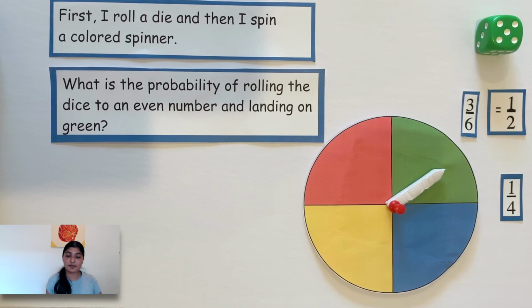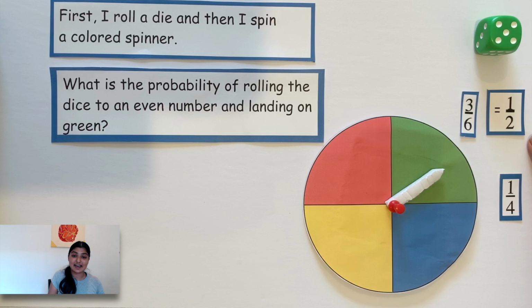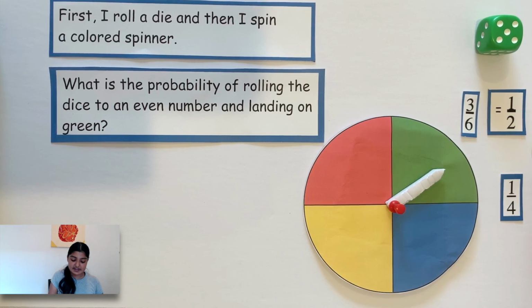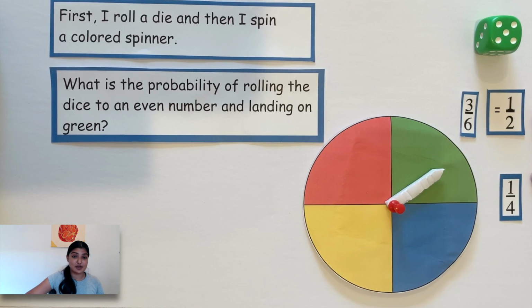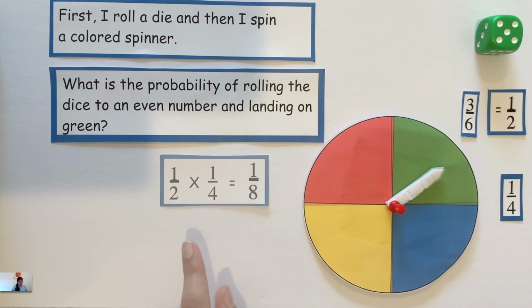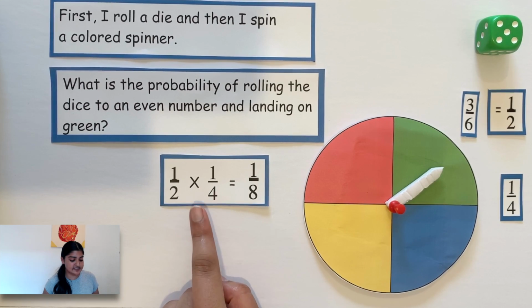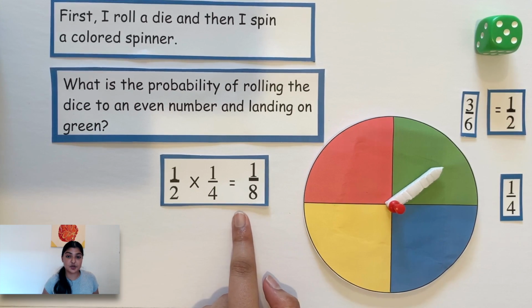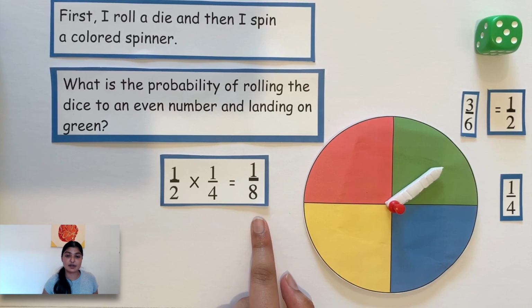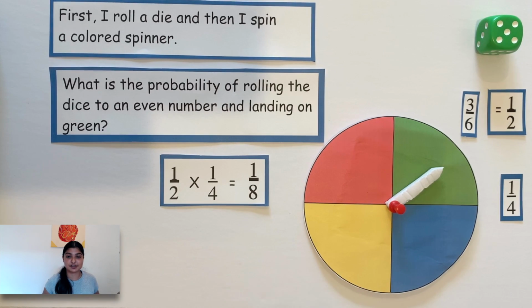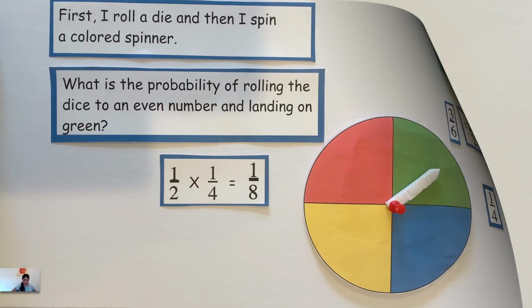Since we found the probability of rolling the dice to an even number and the probability of landing on green while spinning our spinner, we can multiply these 2 individual probabilities. So we can multiply 1/2 times 1/4 to get a total of 1 over 8, which is our probability for this question.